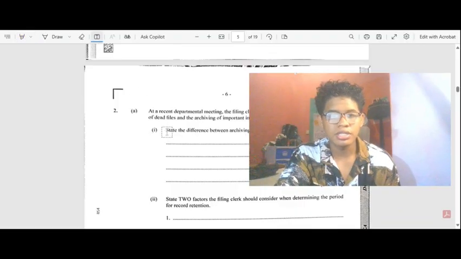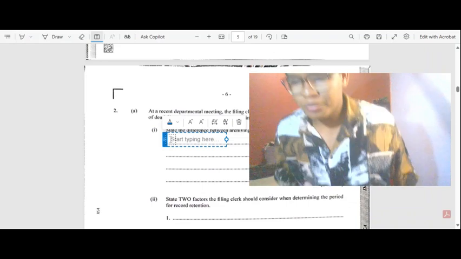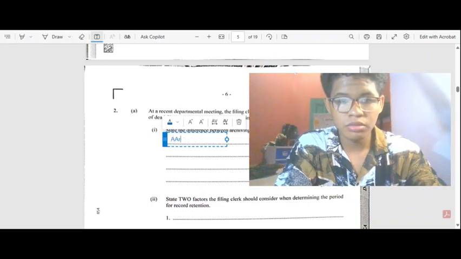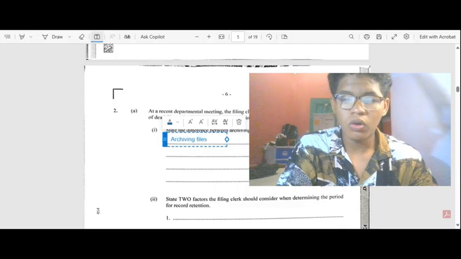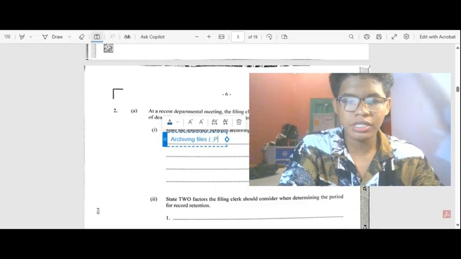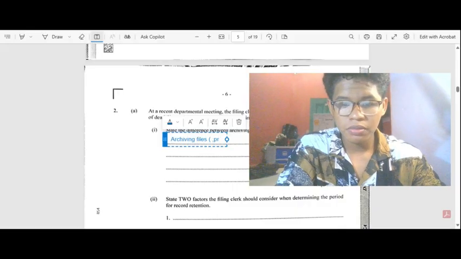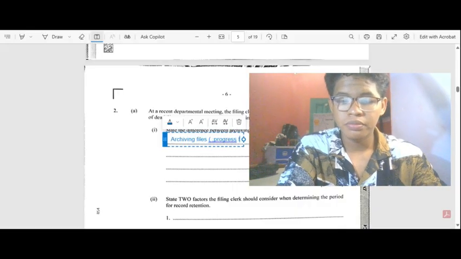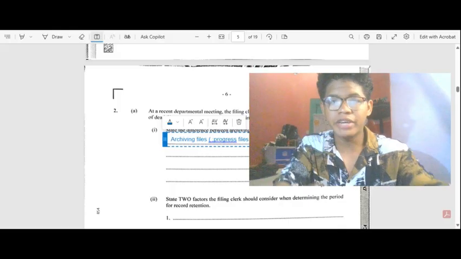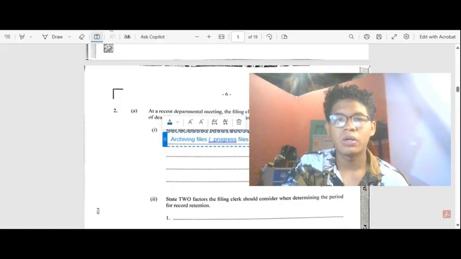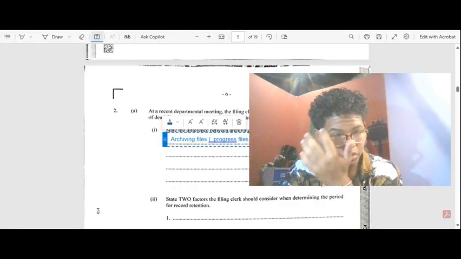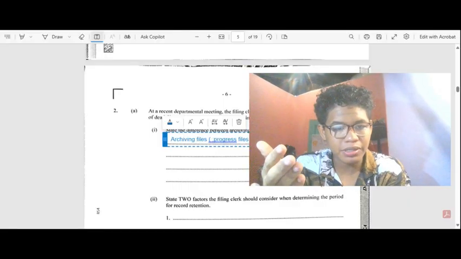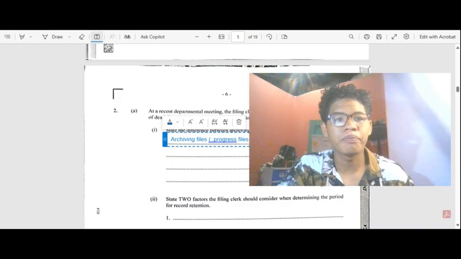So there's another term for archiving: progress files. What do I mean by progress files? Progress files are simply those documents that you know are still in progress. They're still working on them.